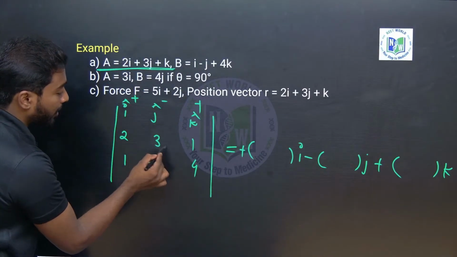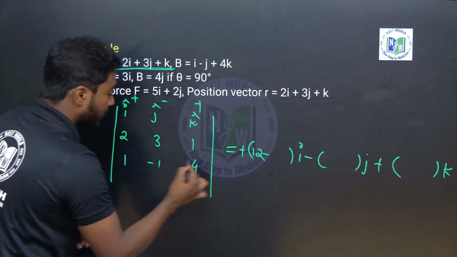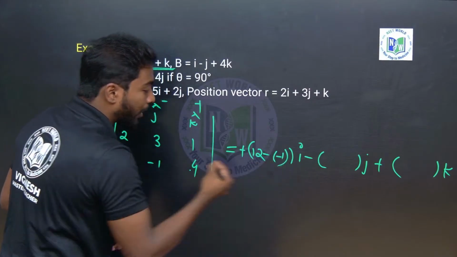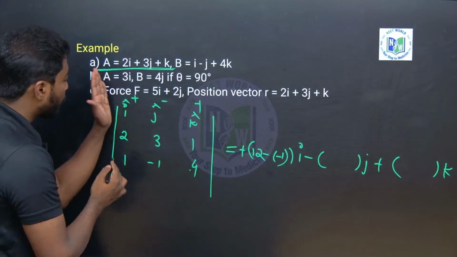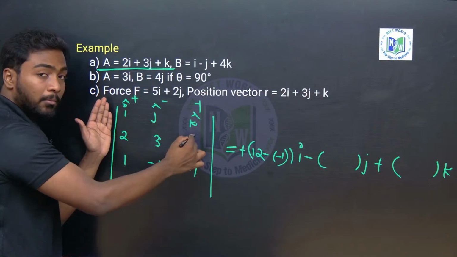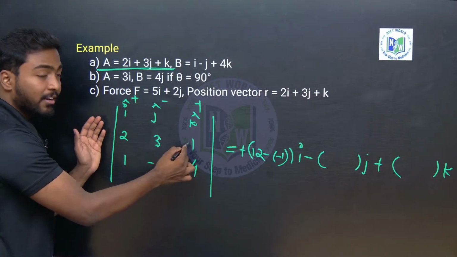Cross multiply: 3 4s are 12, minus 1 into minus 1, so minus of minus 1. Understood? This is how you will do it. Close this one and cross multiply. When you are multiplying this one, you subtract that term. 3 4s are 12, minus of minus 1.